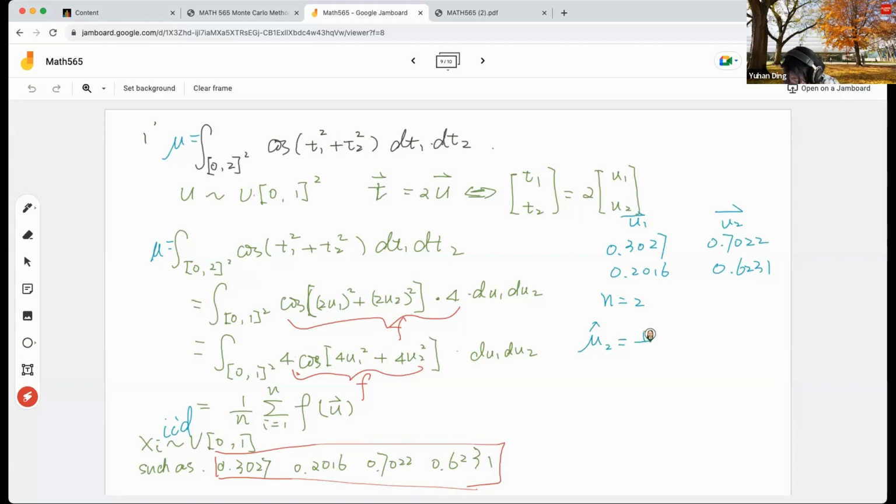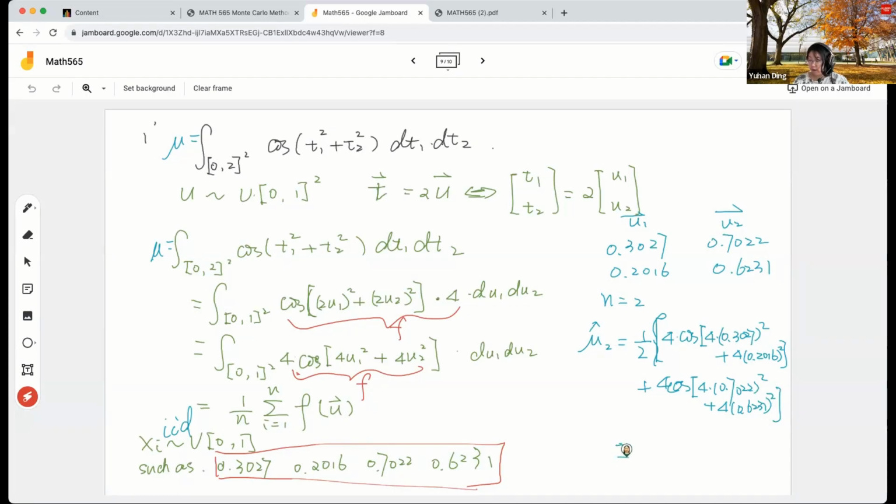So it's 1/2 times 4 times the cosine of 4 times 0.3027 squared plus, okay, and add another one. Then you can do the calculation.